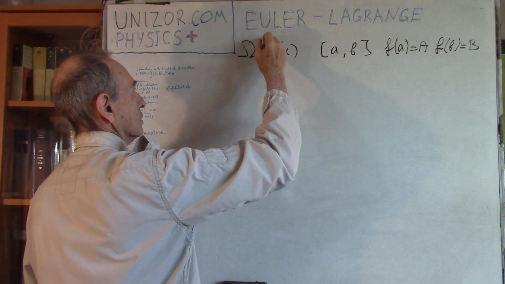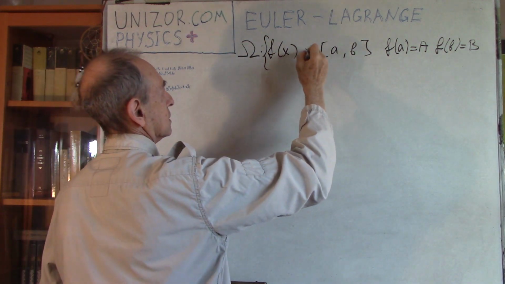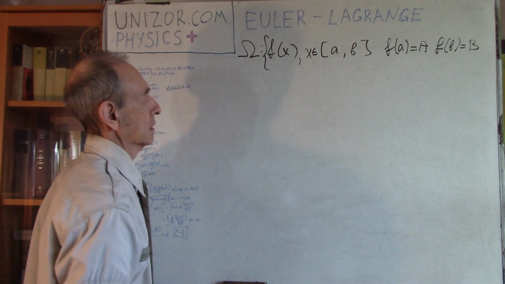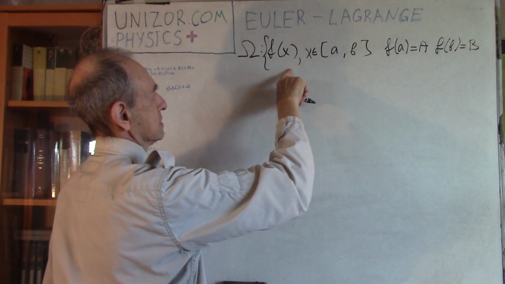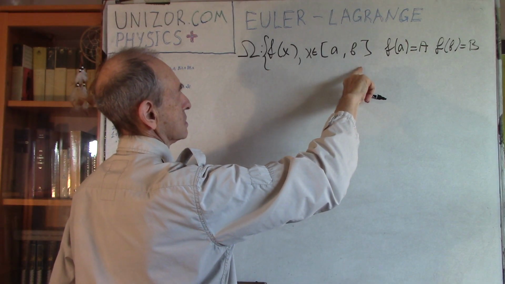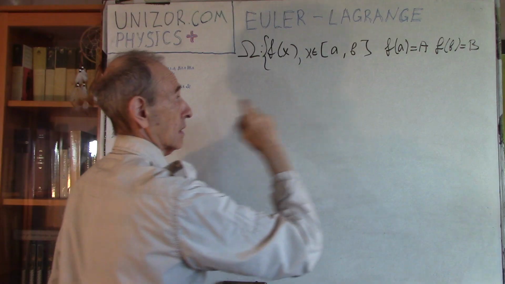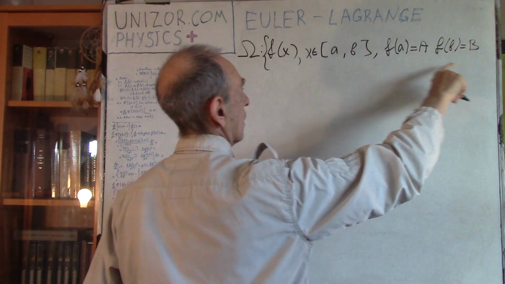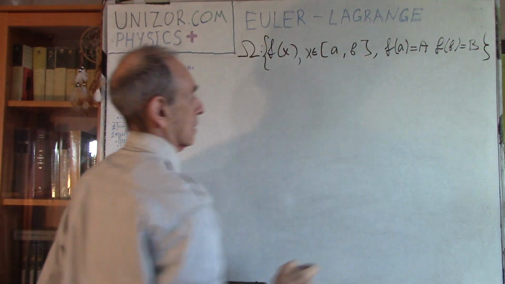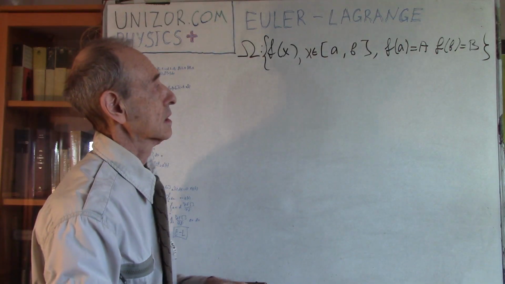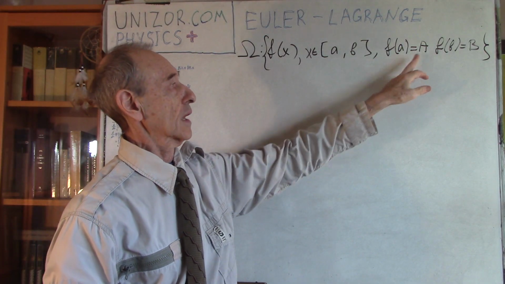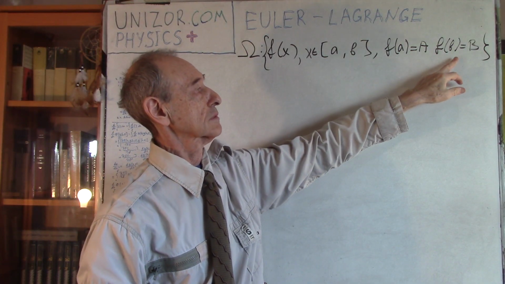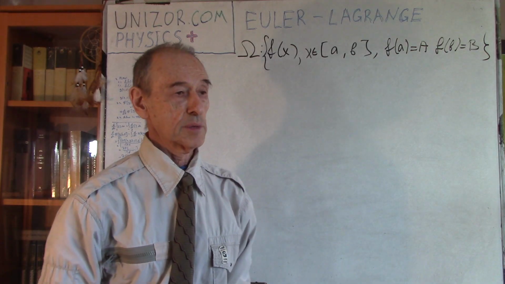It contains all the functions f of x where x belongs to this particular segment, and also they are all having on the left end value capital A and on the right end of the segment value capital B.